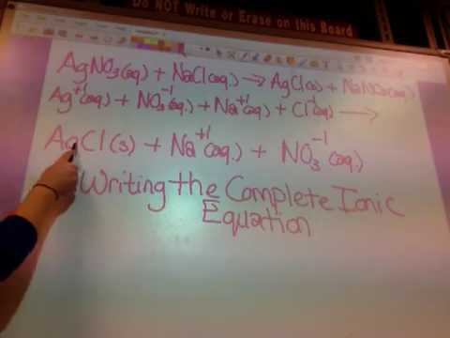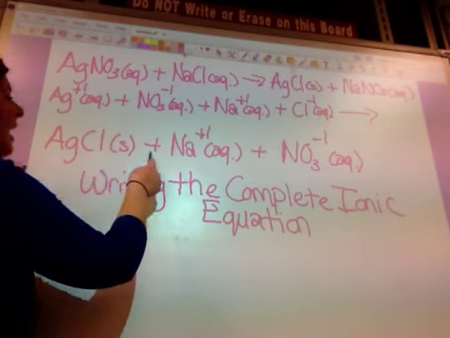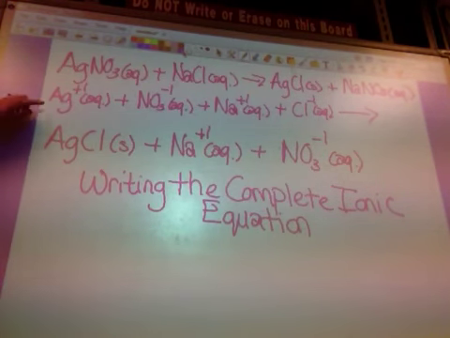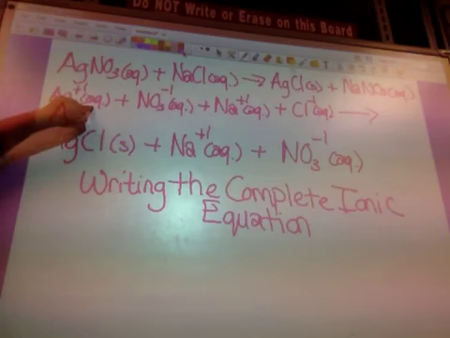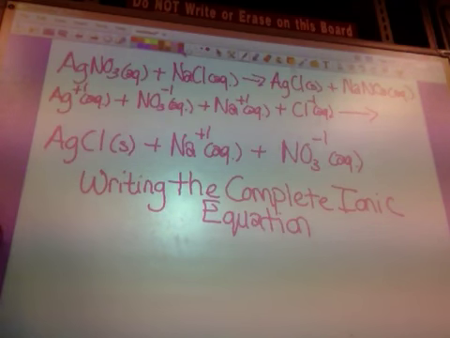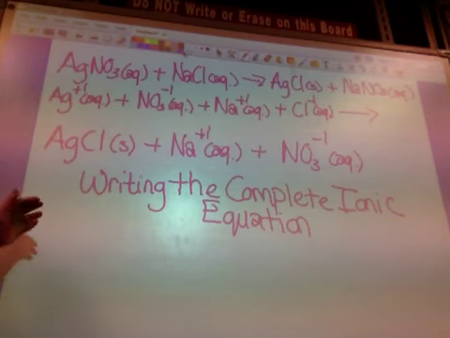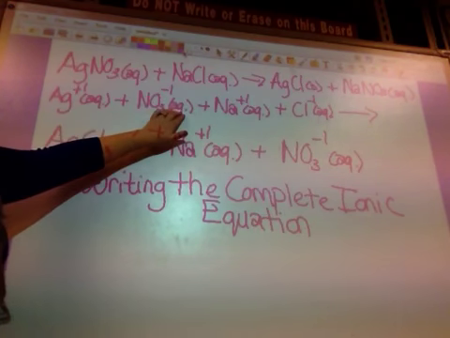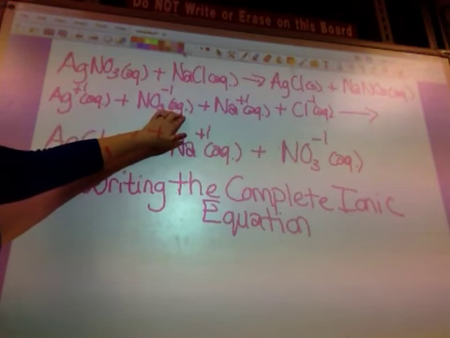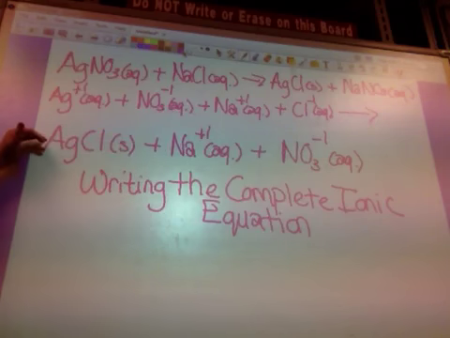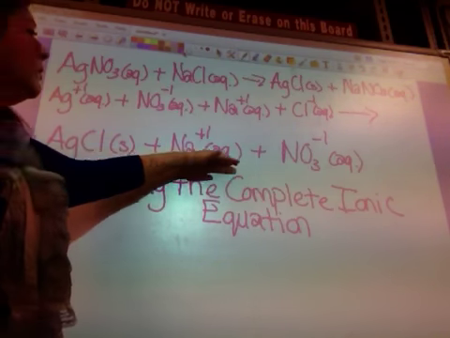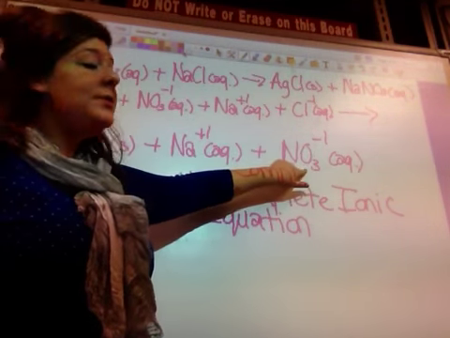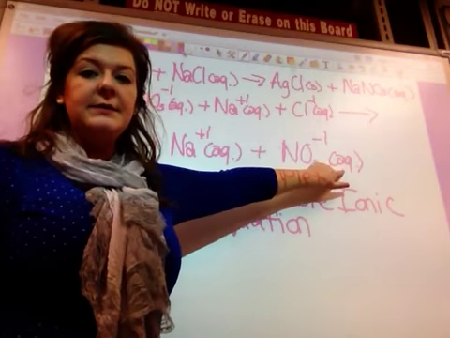If I look on my product side, I don't have exactly Ag with a +1 that's aqueous, so I can't cancel that out. Let's look at nitrate. I have NO3 with a -1 charge that's aqueous on the reactant side. Do I have that same thing on the product side? I do. NO3 -1 aqueous.